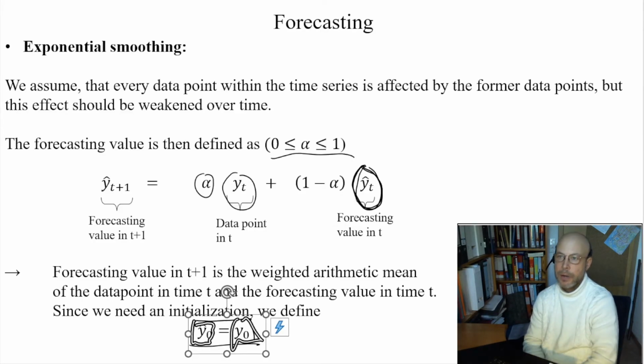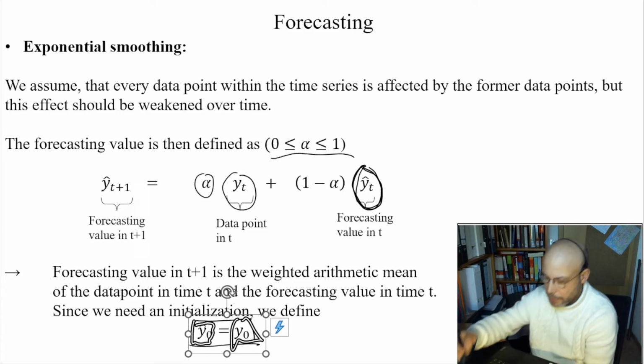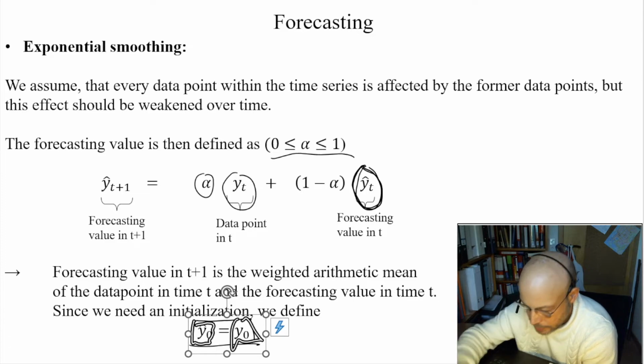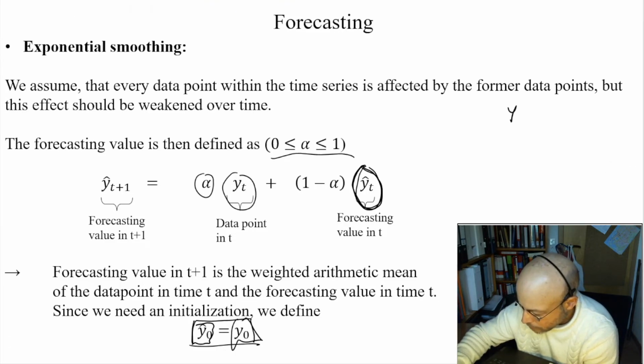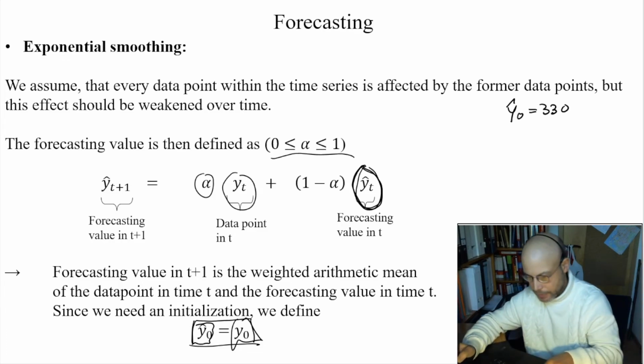Let's go into our definition. We know that our first forecasted value is 330, so y hat 0 is 330.